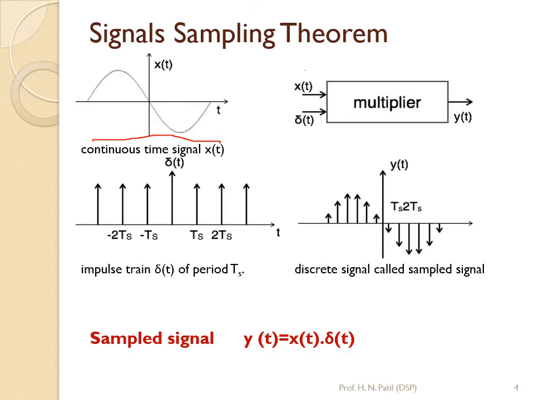So this x of t, an analog signal, and this impulse train are multiplied in this multiplier, and we get y of t. This y of t is called the sampled signal. It is a discrete sampled signal. So it can be represented as y of t is equal to x of t into delta Ts of t.